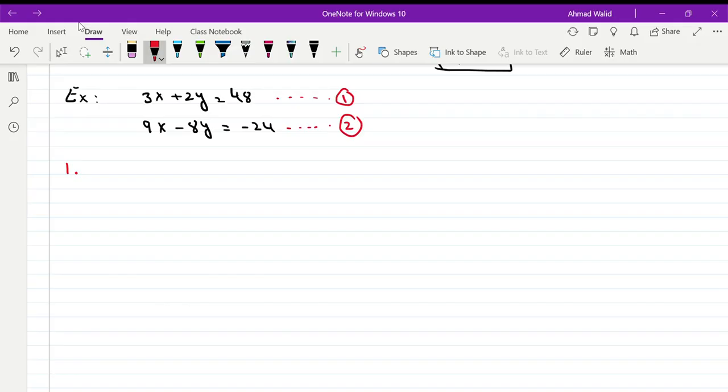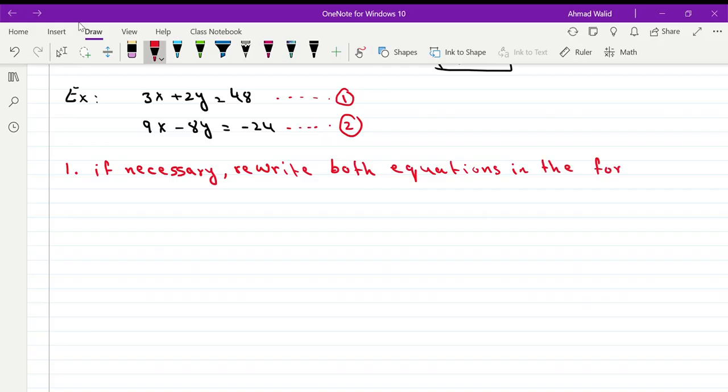Rule number 1: rewrite, if necessary, both equations in the form of ax plus by equals c. What does it mean?